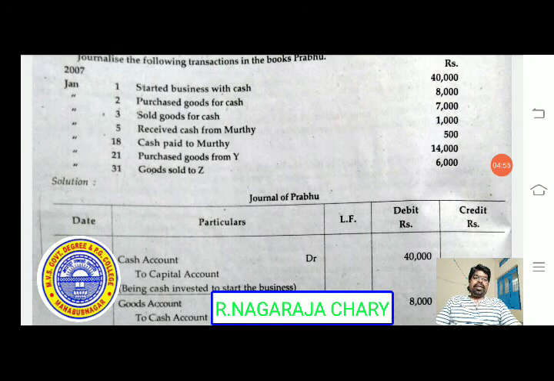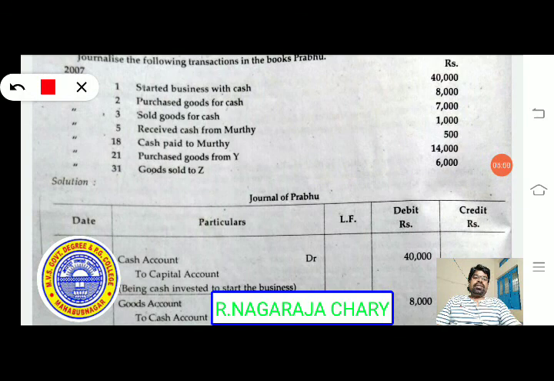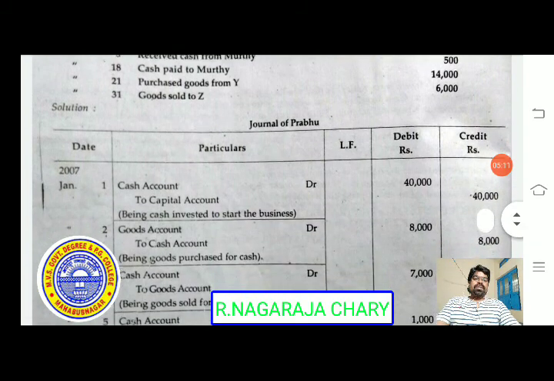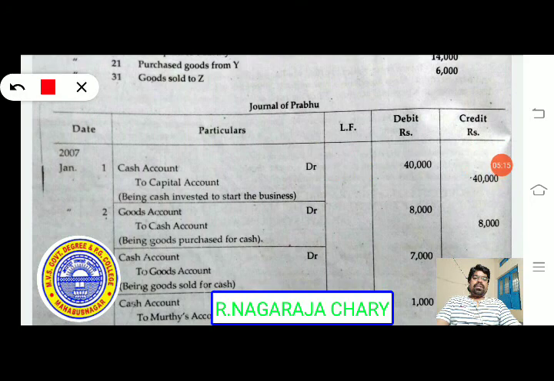So here we have two aspects, one is debit aspect, another one is credit aspect. That is why we have to write cash account. According to the real account principle, we have to debit the cash, because debit what comes in, credit what goes out.